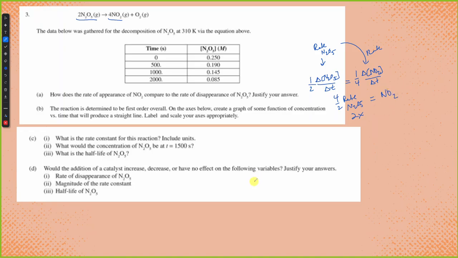So the rate of appearance of NO2 compared to the rate of disappearance. In this particular case, you cross it that way, so it would be like 1/2 the rate of appearance of NO2.